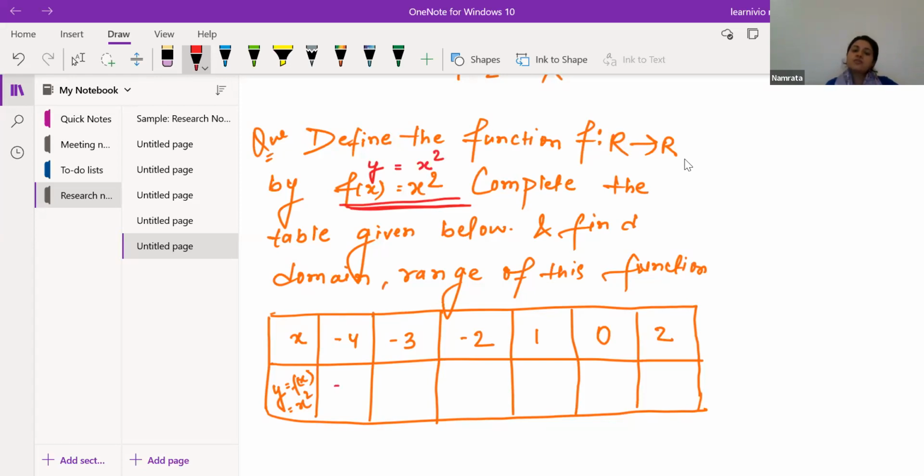So -4 square will be what? 16. Exactly. We will do -4 square, and that will be 16.